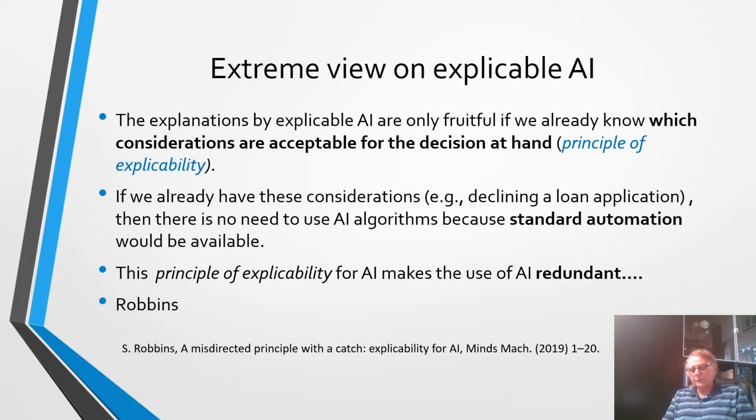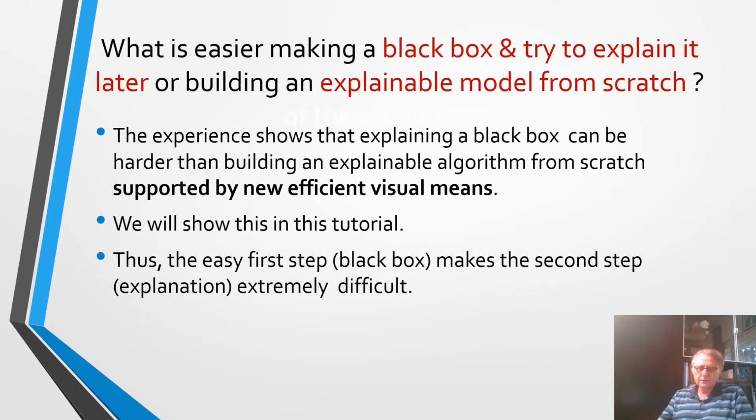So this obviously is a very extreme view on the problem, but the major question that we started with still needs to be answered. What is easier, making a black box and trying to explain it later, or building an explainable model from scratch?